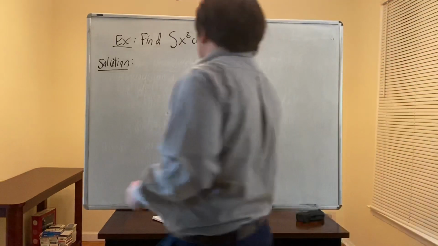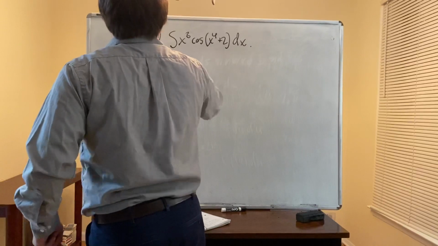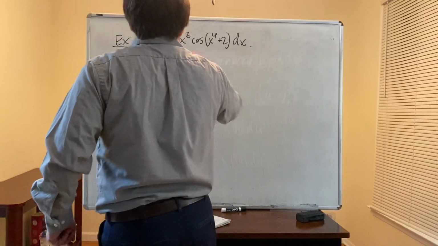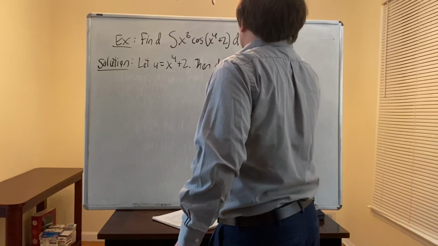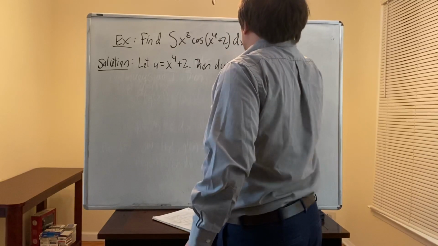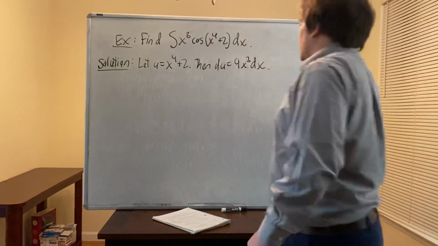Okay? So I'll let u equal x to the fourth plus 2. Then du is equal to 4x cubed dx.